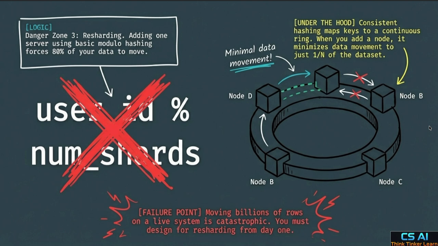When you add a node, it minimizes data movement to just 1/n of the dataset. The failure point here is catastrophic. Moving billions of rows on a live system is catastrophic. You must design for resharding from day one, making it a fundamental architectural consideration, not an afterthought.